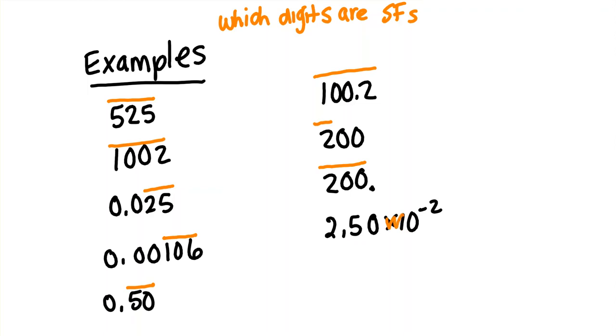You can literally just ignore this part for sig figs, and assess this number like you would. And this is an ending zero, but a decimal point is shown, so all 3 of those are significant. And you may have asked, when you look at these two, I can have either 1 sig fig or 3, but what if I had the number 200 and I wanted to write it with 2 sig figs? I could do that by putting it in scientific notation.